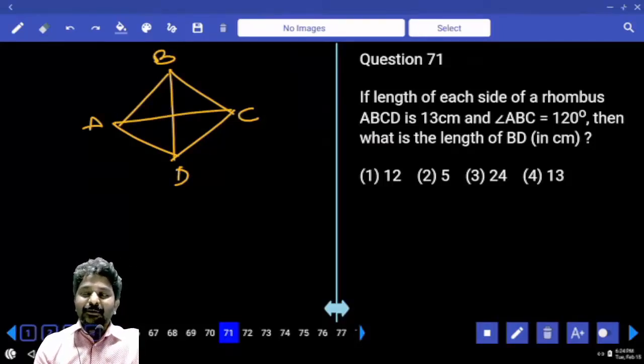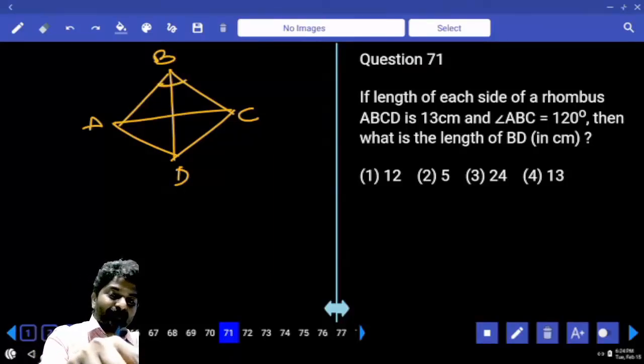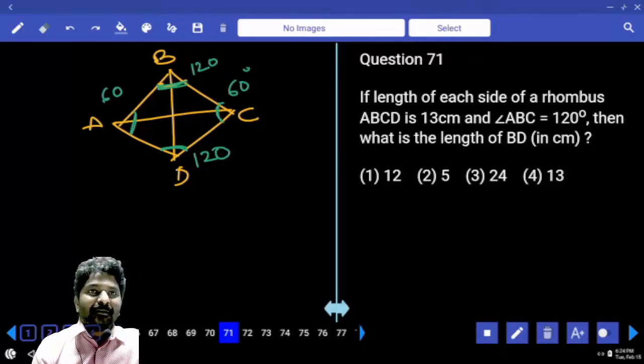Each side is equal to 13. Angle at ABC, this fellow is 120 degrees. In a rhombus, opposite angles must be equal, right? Then angle at A must be 60. Angle at C must be 60. Opposite angles should be equal.